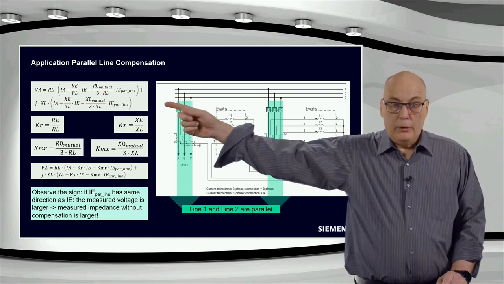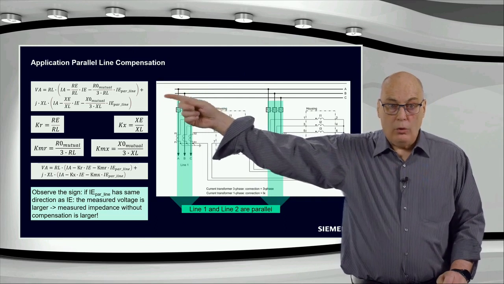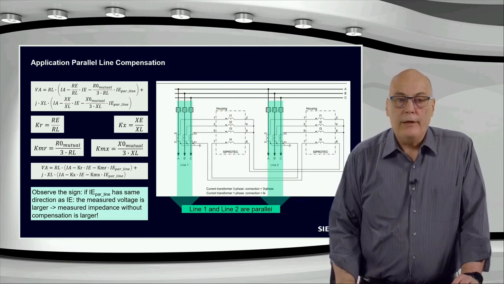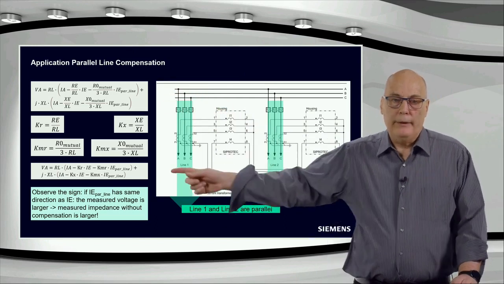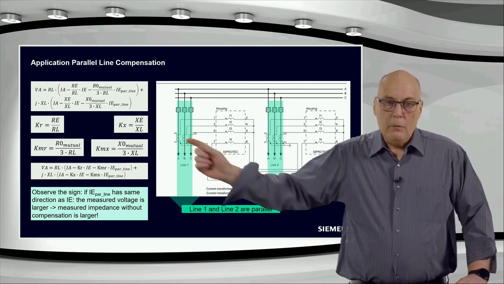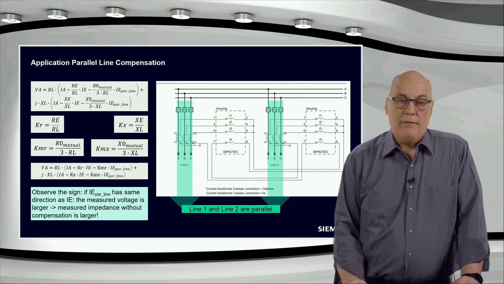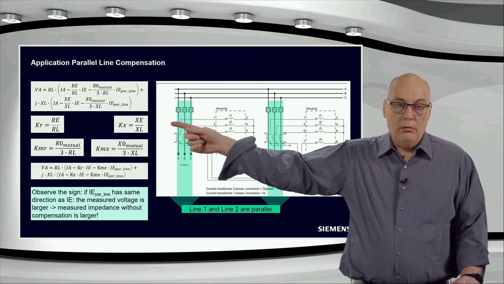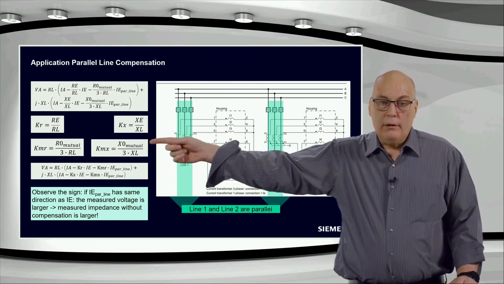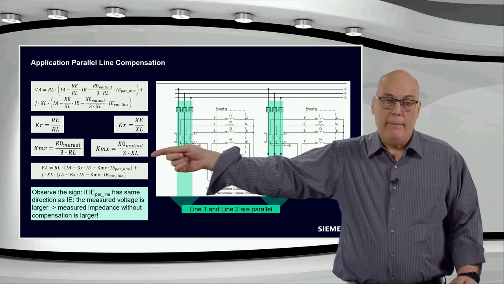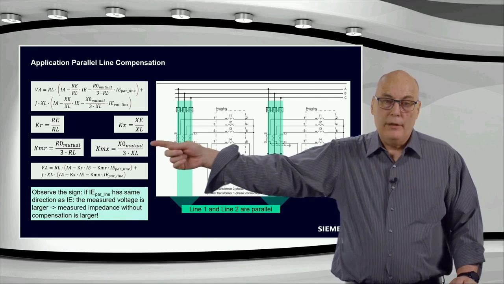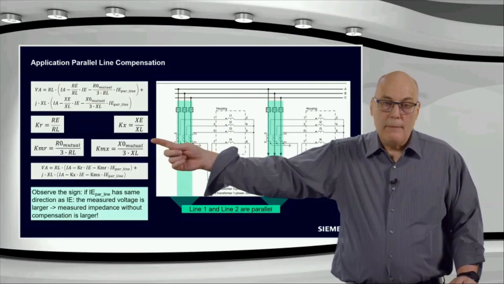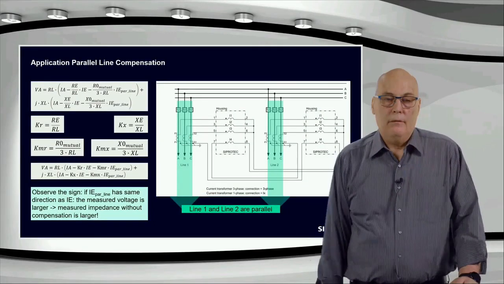From that, you can see that R0 divided by 3 times RL is going to be our mutual coupling, the KMX factors. Similar to the KR and KX factors, if you have a parallel line you calculate a so-called KMX, for the zero sequence mutual coupling consideration.